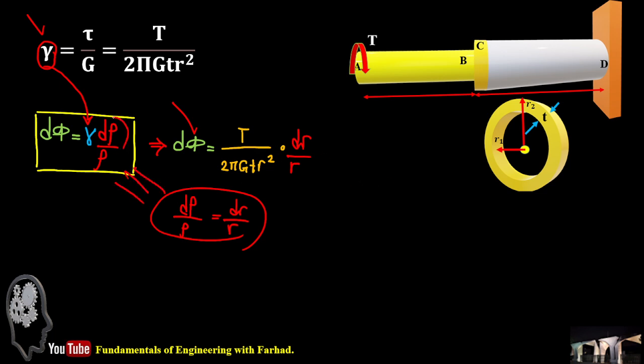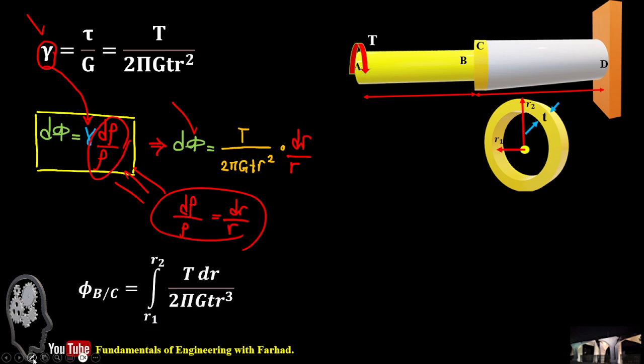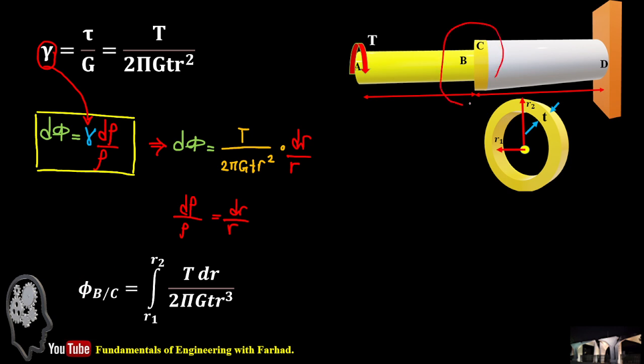And if you integrate it, it gives you the angular change from B to C, which is phi B over C, or phi BC, integration from r1 to r2 in our annular plate.